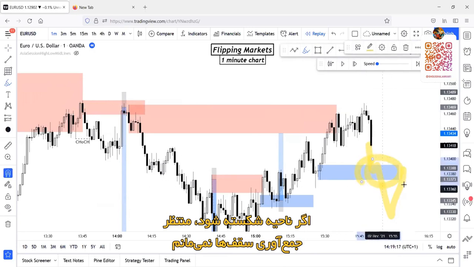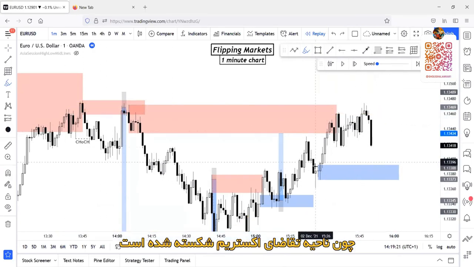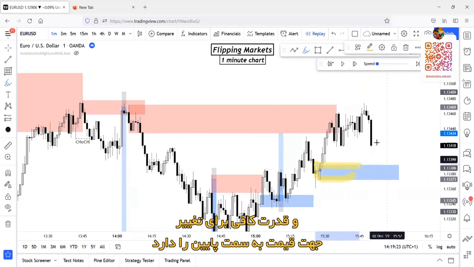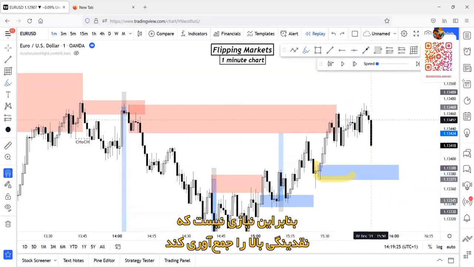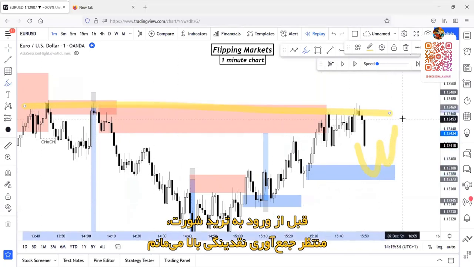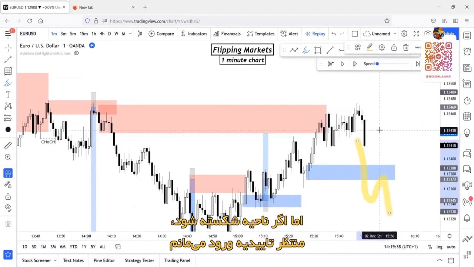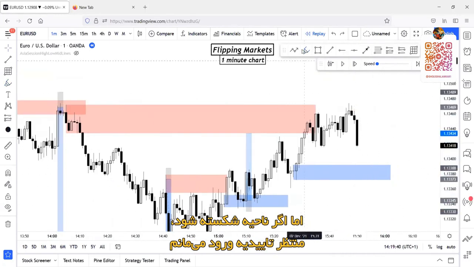If this zone breaks, I wouldn't wait for the sweep of the highs because it broke the extreme demand, so it has enough power to reverse the price to the downside, so it doesn't have to sweep the upside liquidity. But let's see, if it reacts on this demand and turns around, I will wait for the sweep of this liquidity before I enter a short trade. But if it breaks the zone, I will wait for a confirmation entry.